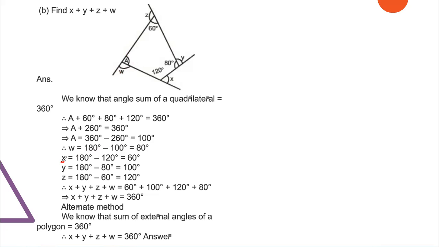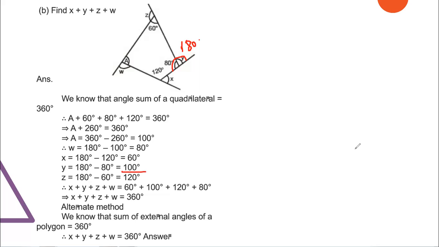Now let us find the value of x. Since this is also a linear pair, you can just subtract 180 minus 120, that gives you 60. Now let us move on to finding the value of y. Since again this is a linear pair, it has 180 degrees, so you will just subtract 180 minus 80, that is 100.